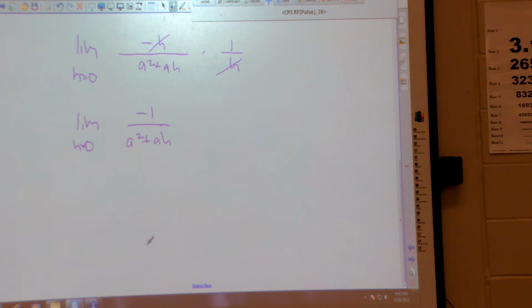I'm still left with an h, but is it a problem now? No. You take the limit as h goes to 0, so plug in 0. I'm left with negative 1 over a squared.